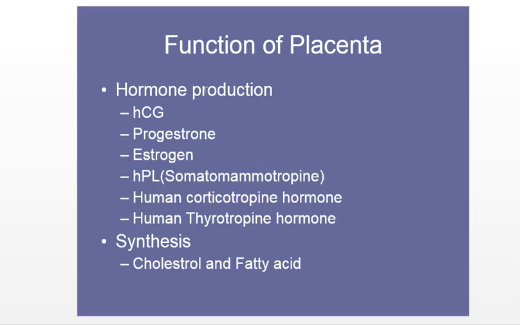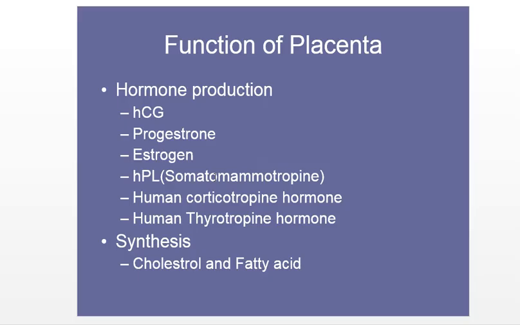This hormone, HCG, is excreted by the mother in the urine, and in the earliest stage of gestation its presence is used as an indicator of pregnancy. Another hormone produced by the placenta is somatomammotropin. Formerly its name was placental lactogen.